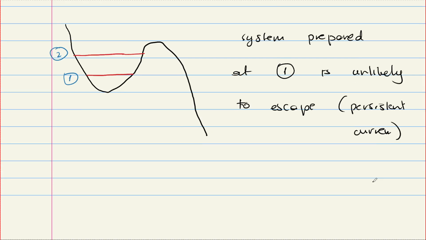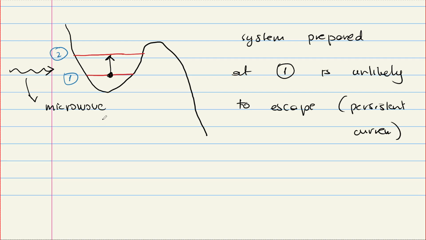But what experimentalists can do is shine light, and this system which is prepared here can go to here. Typically this light is in the microwave region.